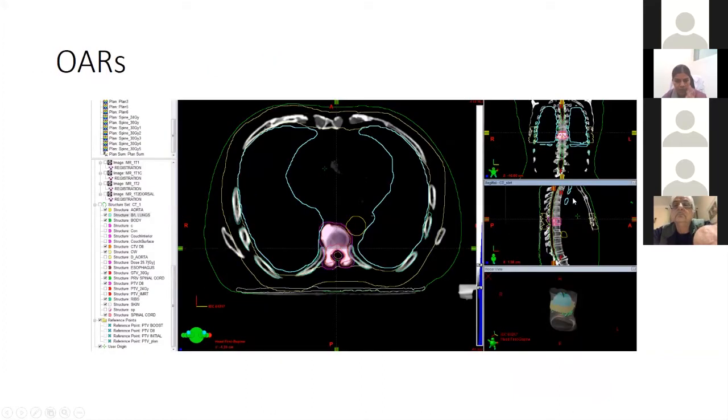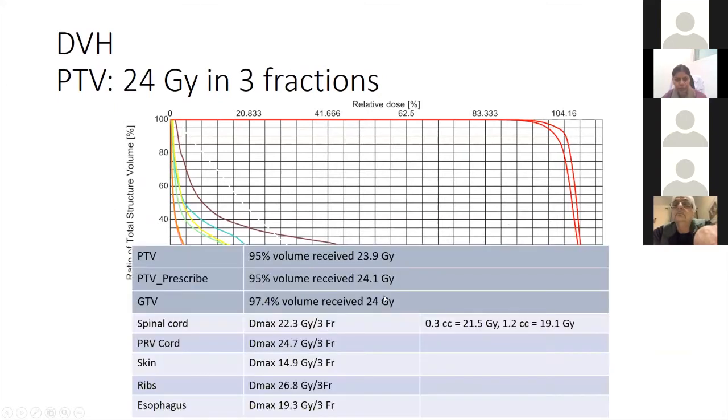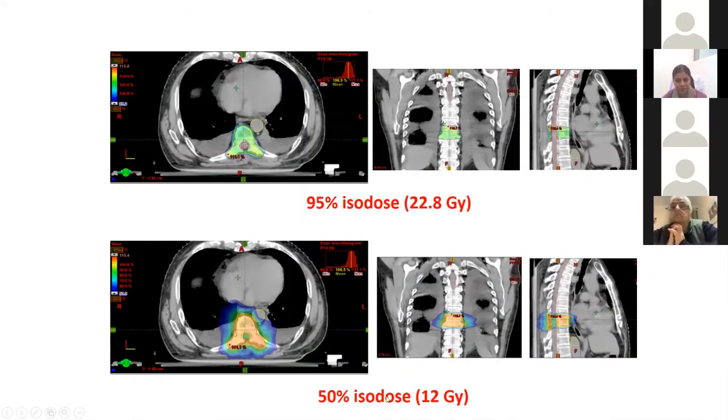The various OARs are drawn here, including a segment of the skin here. This was the dose profile. We were able to meet the dose constraints for the spinal cord as well as for our PTV here. This is the 50% isodose, and this is almost nearly touching the skin here.